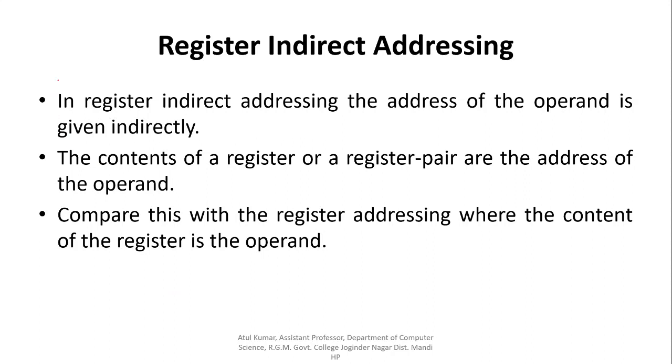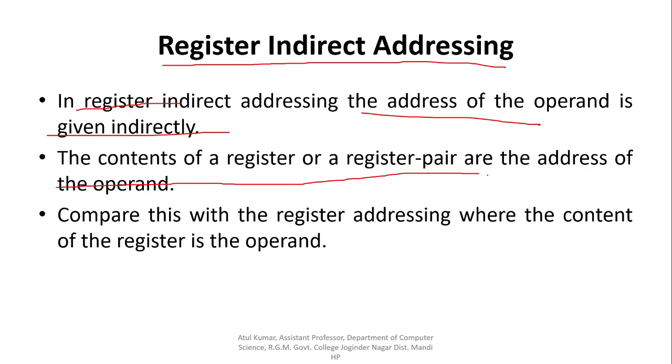So the next addressing mode we have is the register indirect addressing mode, and in case of register indirect addressing mode the address of the operand is given indirectly. So the content of a register or register pair is the address of the operand, as I have discussed in indirect addressing mode.